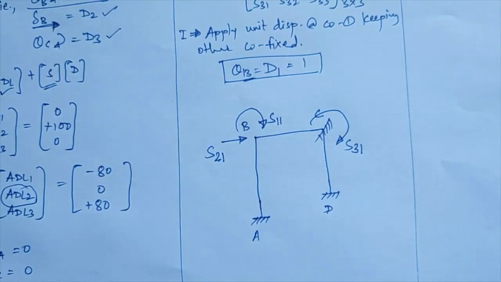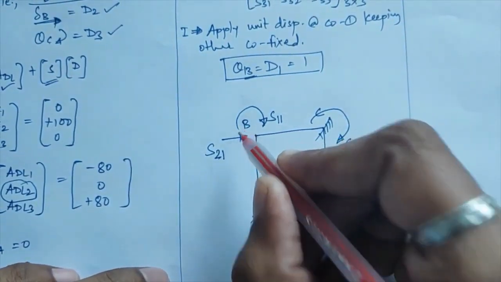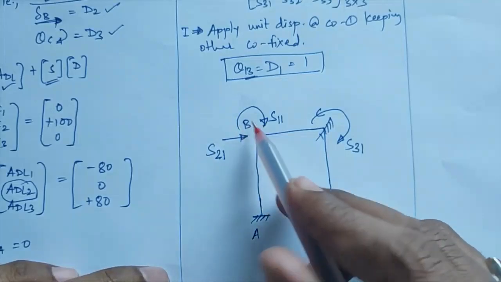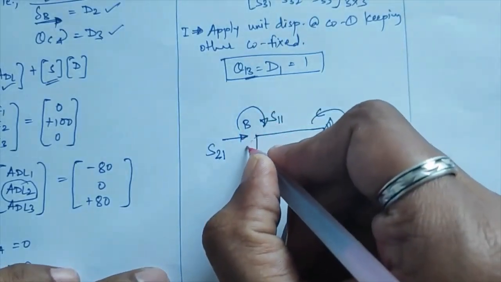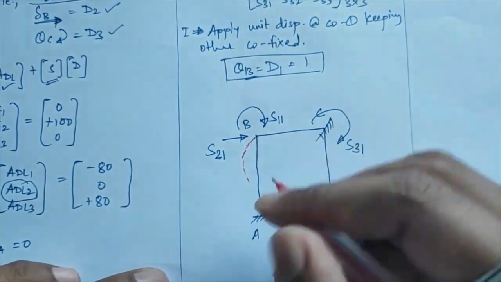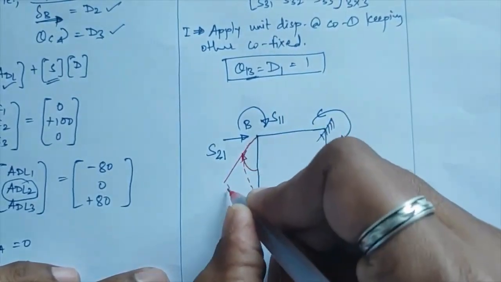Now we'll see the deflection pattern of this. For S of 1 1, you have to apply theta B is equal to 1 for this BA and BC member. So for BA, that will be originating from the outward side, so that will go towards this outward side over there, which will show D1 is equal to 1.